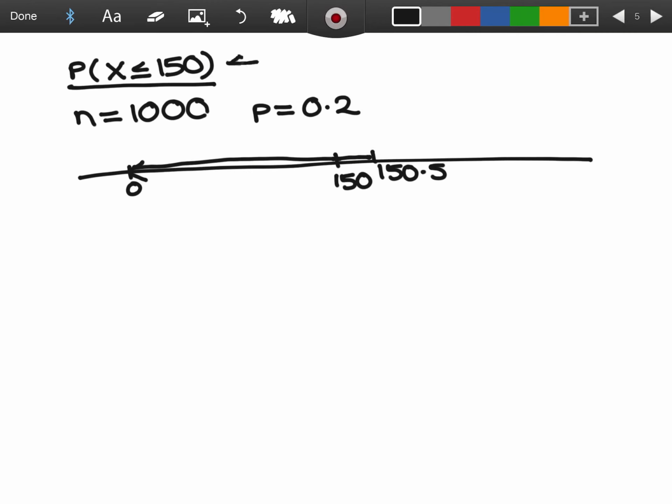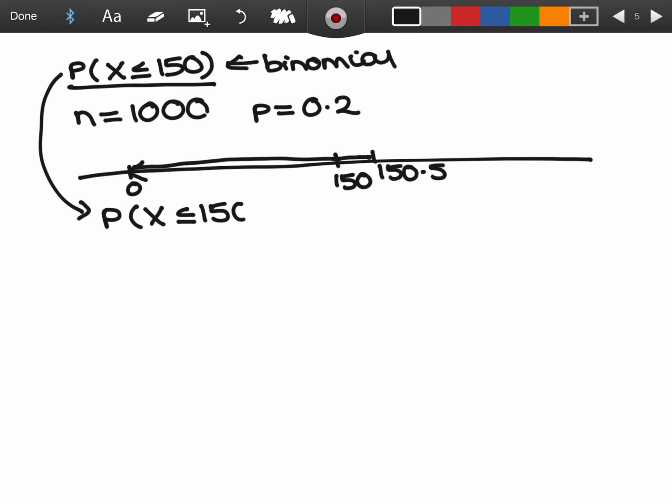This is in binomial here, and using continuity correction, I'm looking for the probability that X is less than or equal to 150.5. So in normal distribution, I want the probability that X is less than or equal to 150.5. Now, the next thing that I need is a mean and a standard deviation.